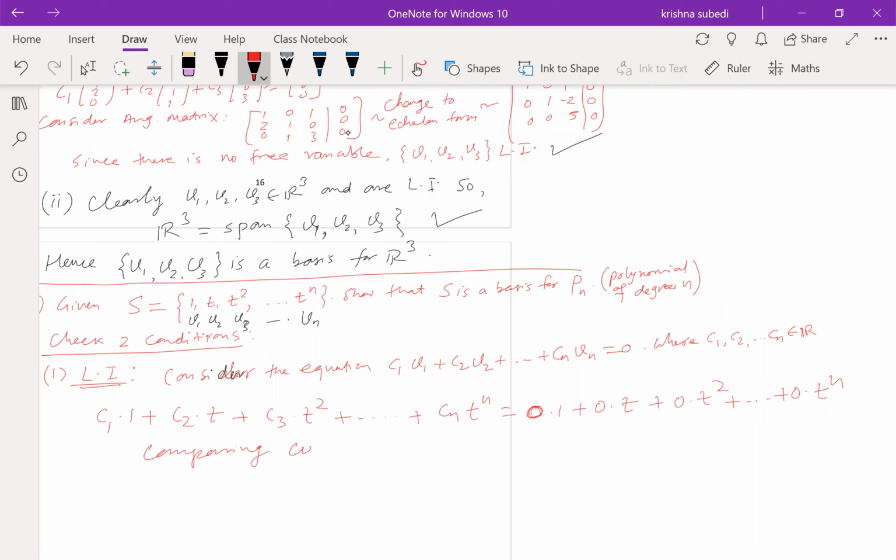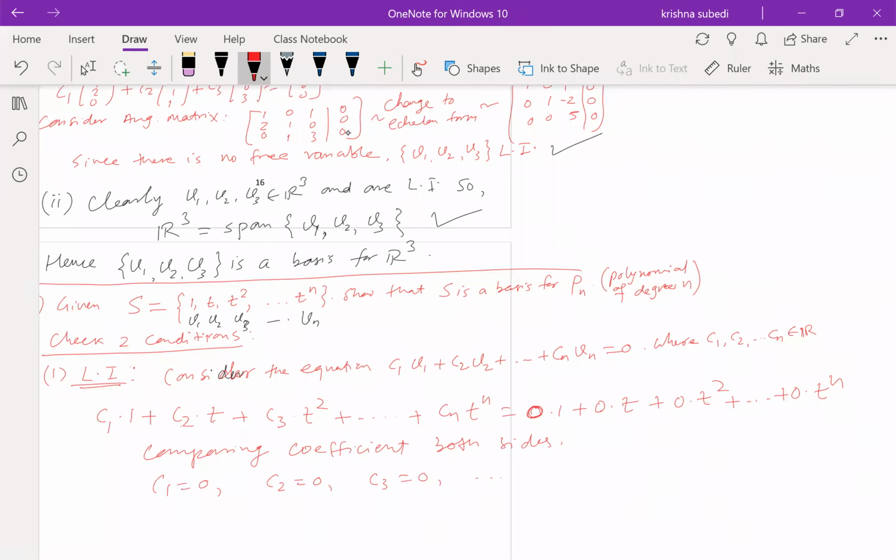Comparing coefficients on both sides, 1 and 1 equal, so c1 equals 0. t and t here are the same, the coefficient is 0 and c2 must be equal to 0. t square here, c3 must be 0.